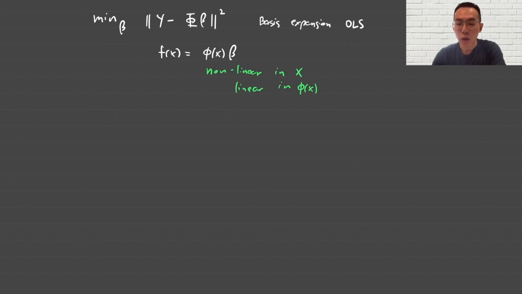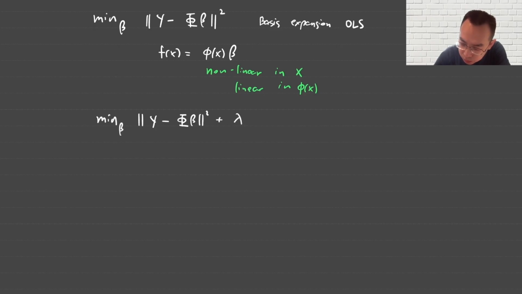And for the ridge regression problem, we just have one additional term in addition to that. So for ridge regression, we just consider this: minimize over beta, the 2-norm of y minus Phi beta, plus lambda times the 2-norm of beta. That is a ridge regression.